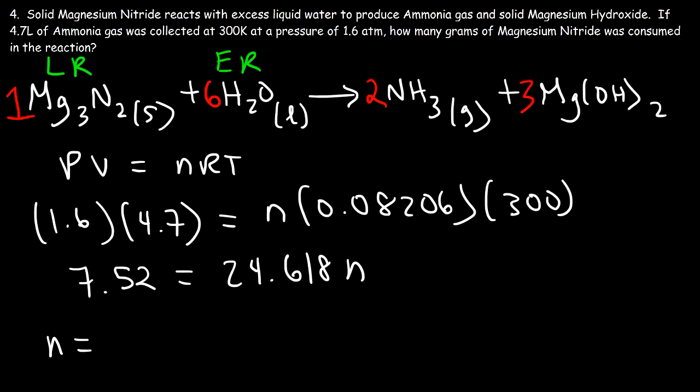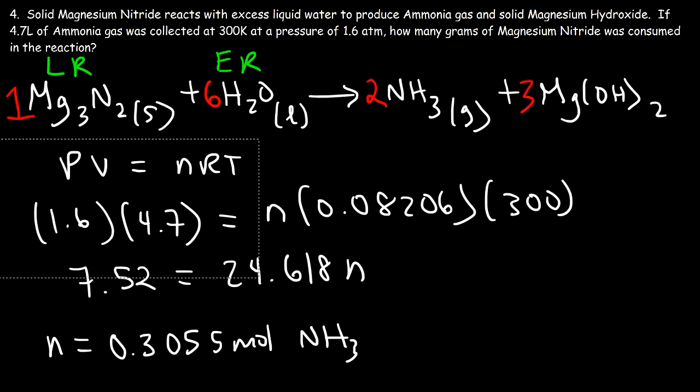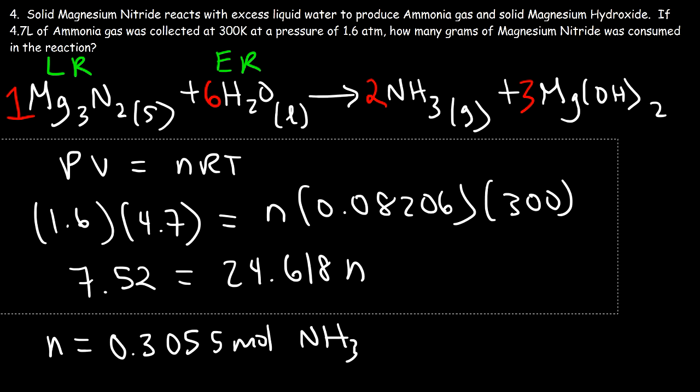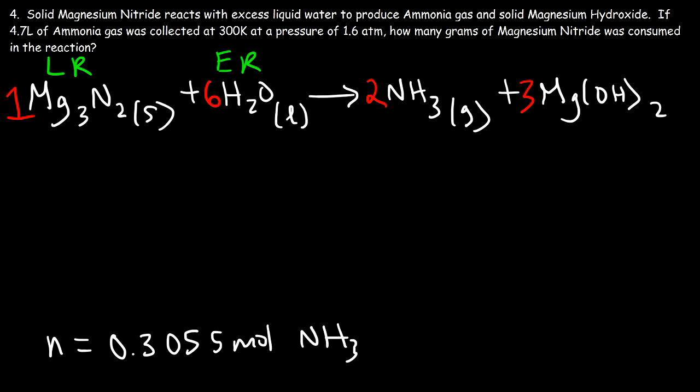So to calculate n, we got to divide 7.52 by 24.618. So that's going to be 0.3055 moles of NH3. So now we need to convert moles of NH3 to grams of Mg3N2. So let's start with this value that we now have.